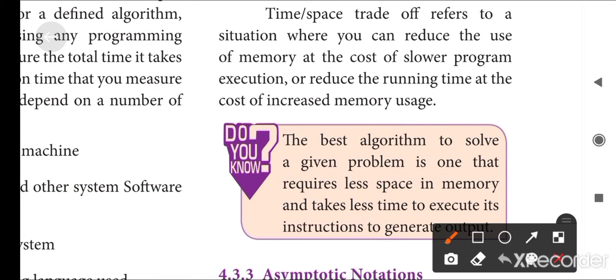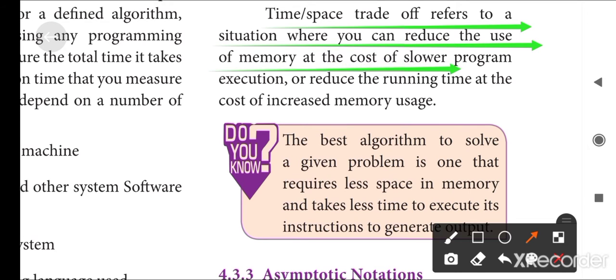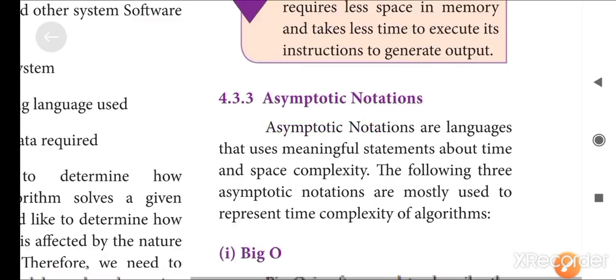Time or space trade-off refers to a situation where you can reduce the use of memory at the cost of slower program execution, or reduce the running time at the cost of increased memory usage.